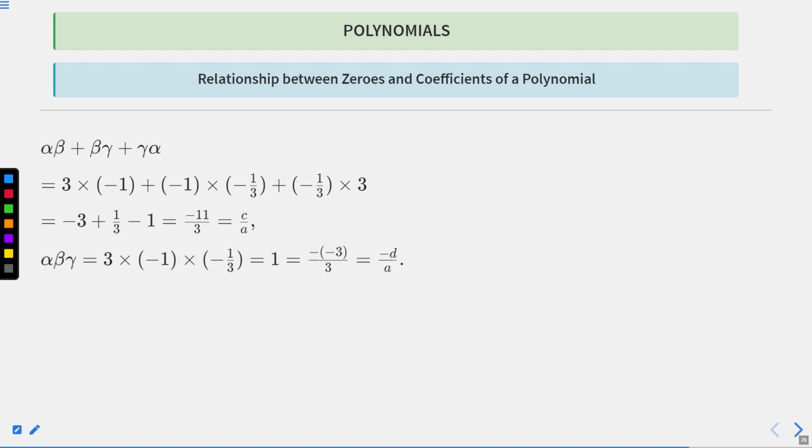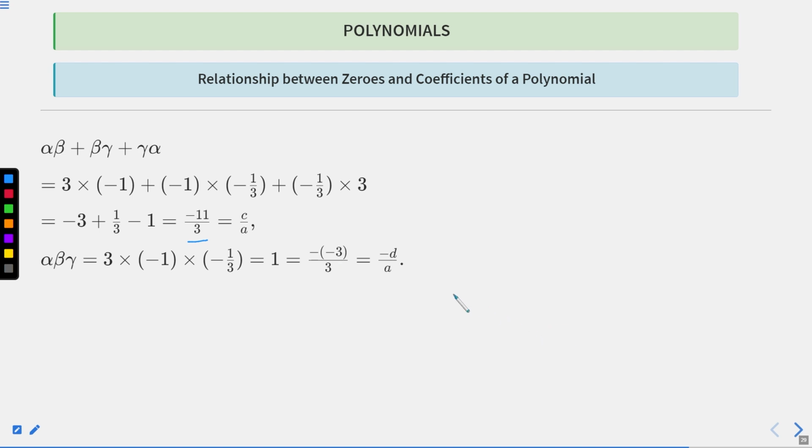This is equal to minus 11 by 3. If we compare with the given cubic polynomial, this is basically equal to coefficient of x divided by coefficient of x cube.